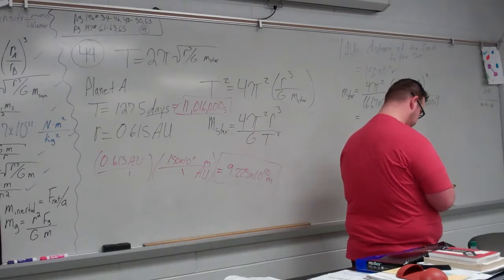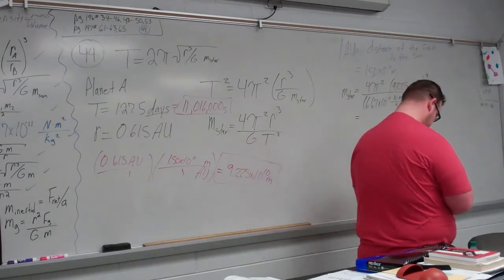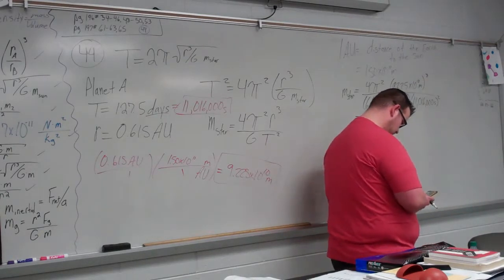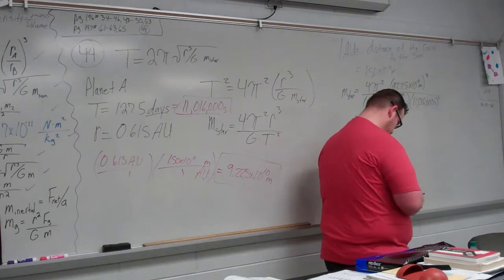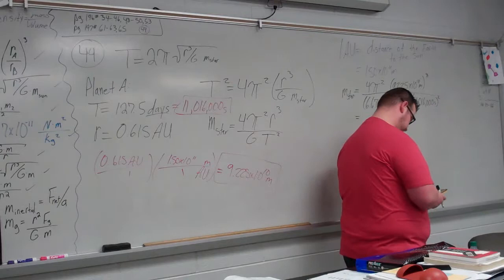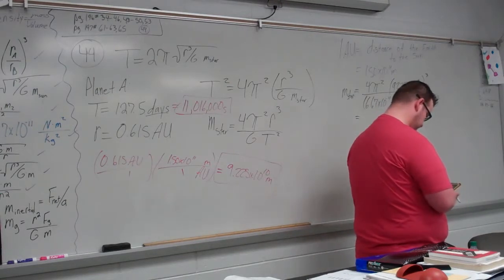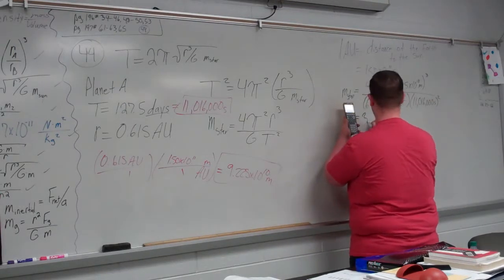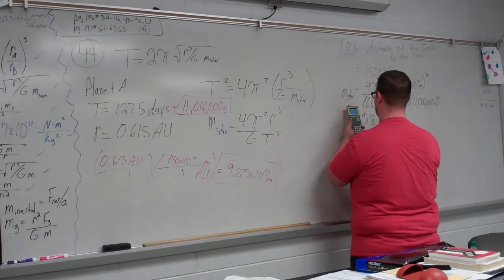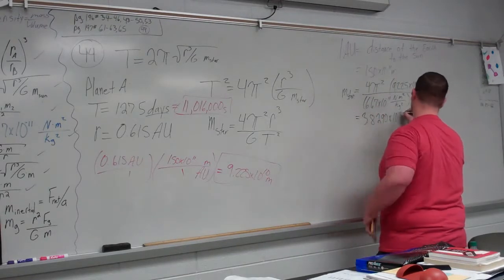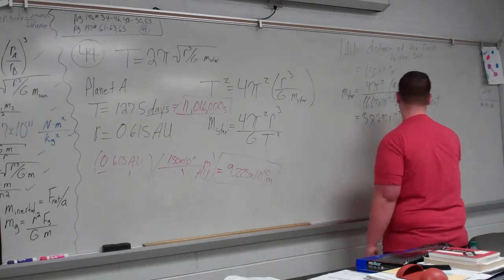That's right. And this is what I get. 3.8290 times 10 to the 30, and it's kilograms.